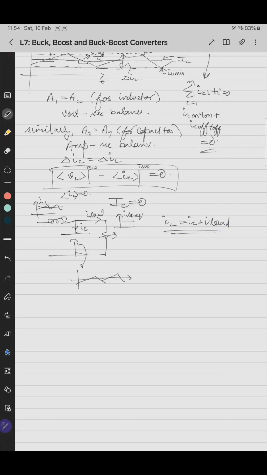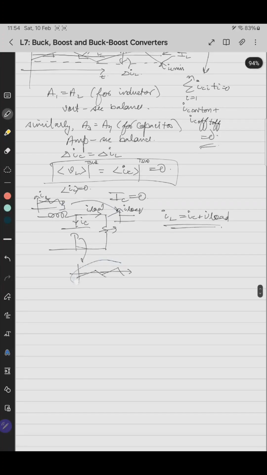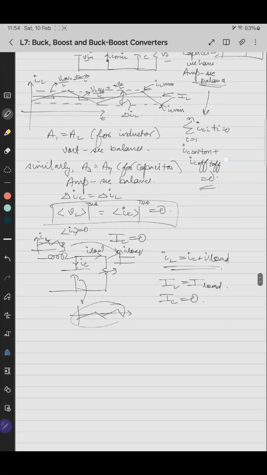It means that the inductor current, which has a ripple plus an average value, has the average value going to the load, and only the ripple, the remaining part, goes to the capacitor. Which means that capital IL equals I load, and capital IC should be 0 with 0 average value.